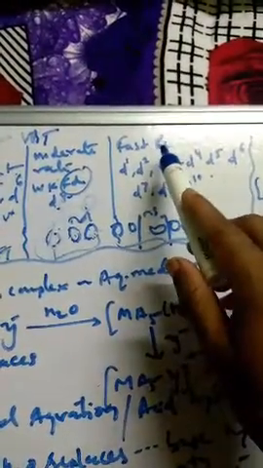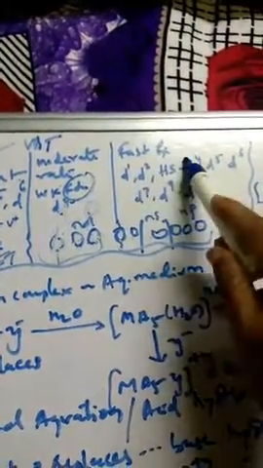Because of the vacancy created here, you can see the fast reactions: d1, d2 and the high spin d4, d5, d6, d7, d9 and d10. These will be fast reactions, and we can say they are labile.